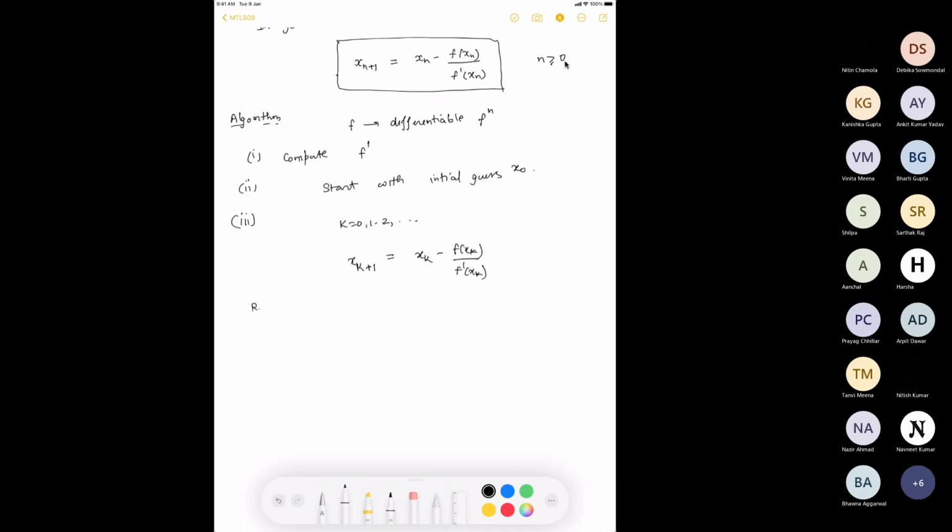You can find the error also, say I'm computing the relative error.